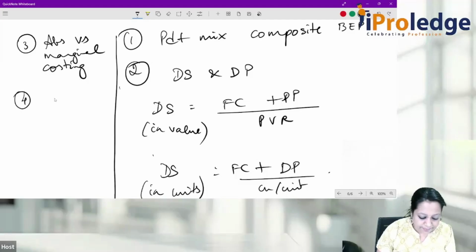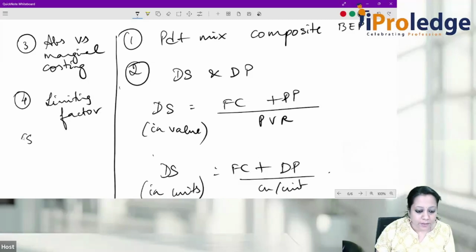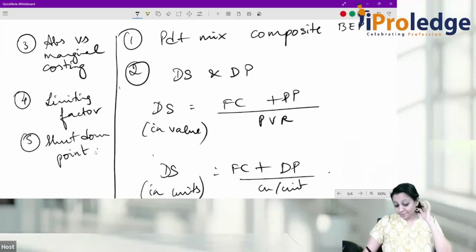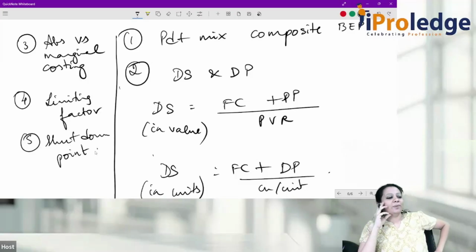So then limiting factor, of course. Next one is shutdown point, you can say. Mixing and grinding. What problem was that, Ramya? One problem we did in the class, which was about limiting factor, the grinding time.